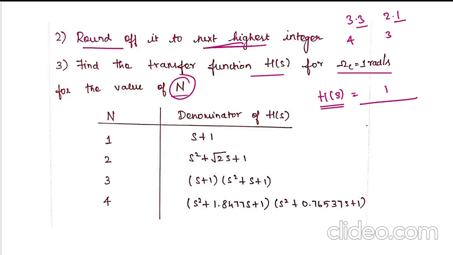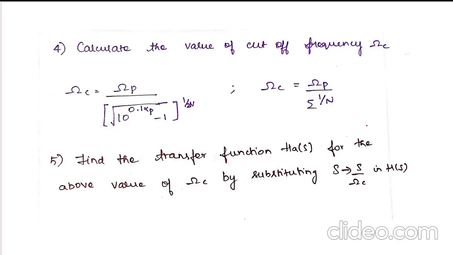Okay, next in the fourth step, we will be calculating the value for omega c. Here also there are two formulas. As I mentioned earlier, when alpha p is given, we will be using this formula. When alpha p is not given, and instead epsilon is given, we will be using this formula.